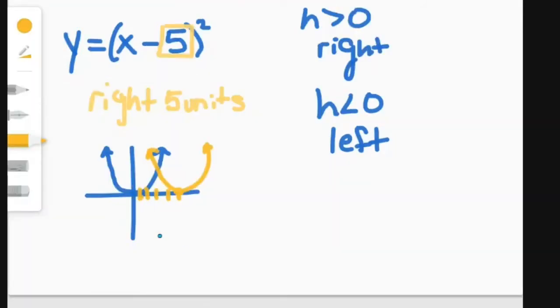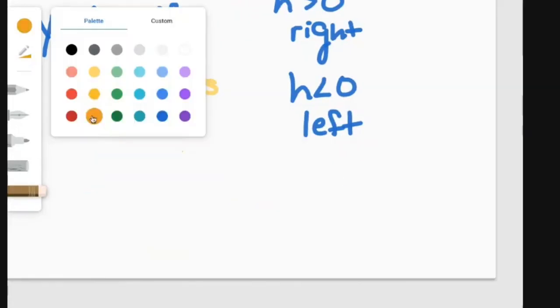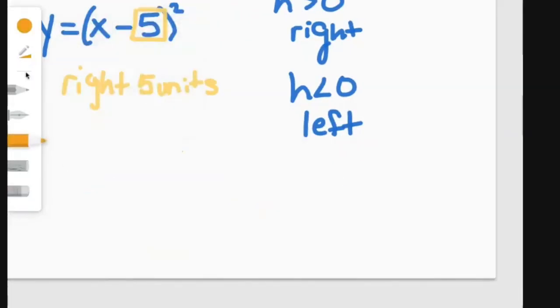Now the vertex, instead of 0, 0, is 5, 0, because I moved 5 and then I didn't go up or down. The y value doesn't change, only the x value, because we shifted to the right 5. So 5, 0.